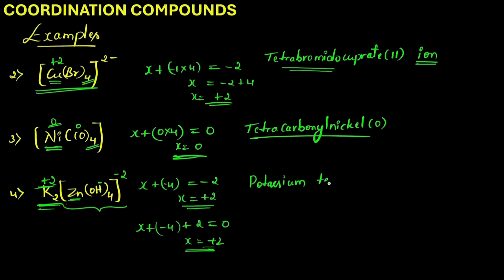Therefore, tetrahydroxido. Since the complex is an anionic complex, the name of the metal should end with -ate. Therefore, it is zincate. What is the oxidation number of zinc here? That is plus 2. Zinc(II).